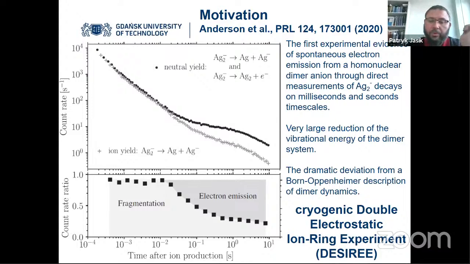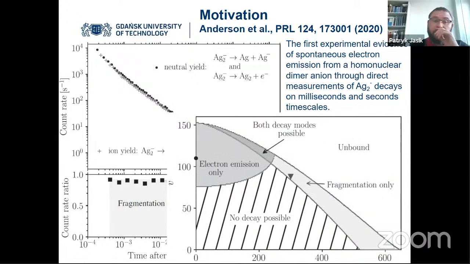We investigate this by theoretical methods. You can see here the distribution of J and v numbers for which we can observe two paths of decay. One is electron emission only, and the other one is fragmentation only.